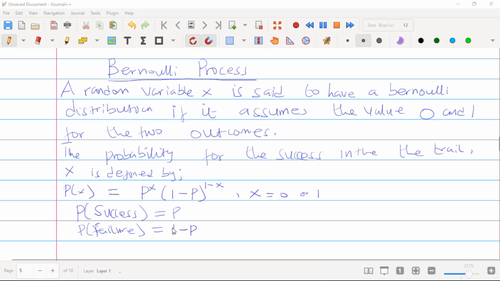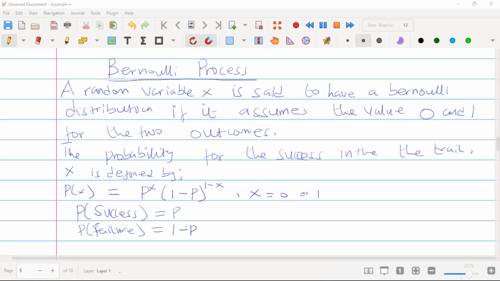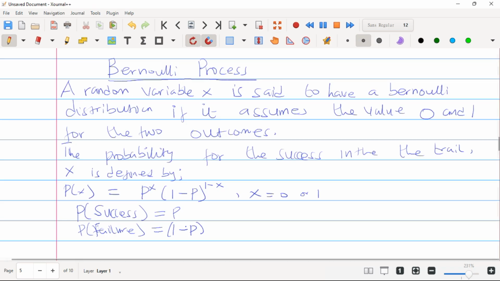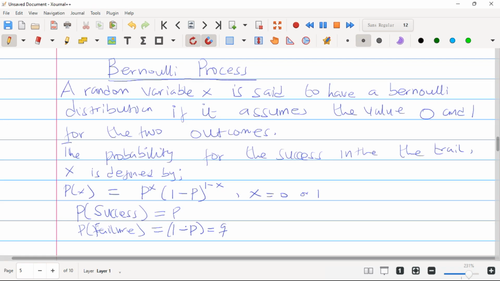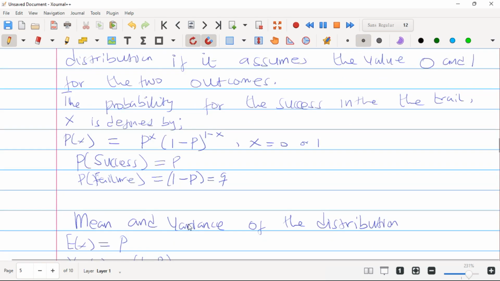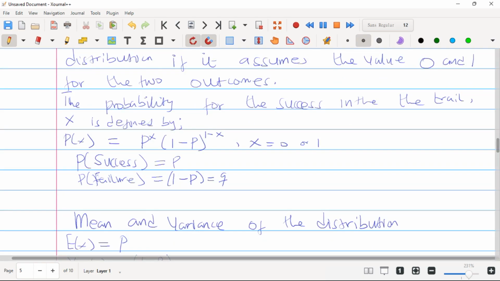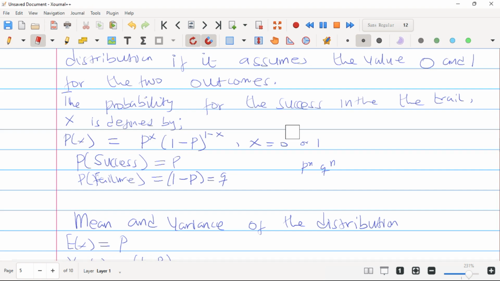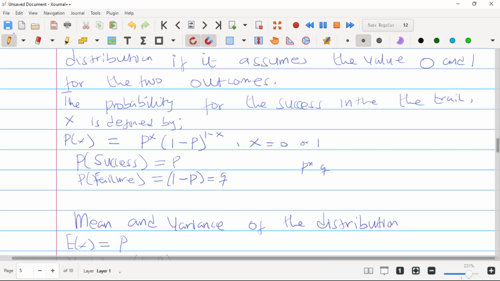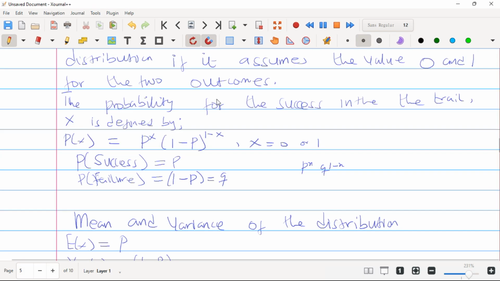This probability of failure can also be written as q. So in other words, our PMF can also be written as p^x q^(1 - x), right? It can be written in either this form or that form.